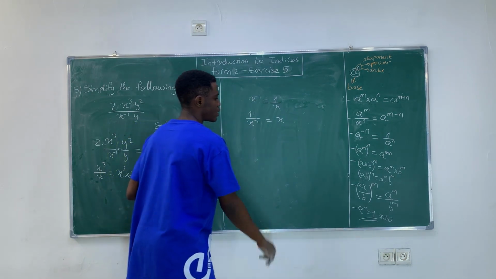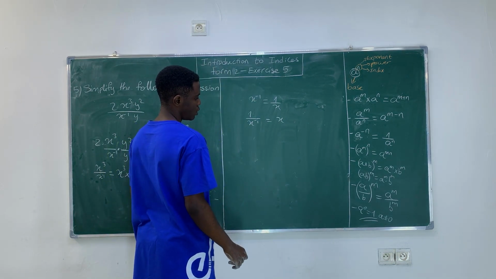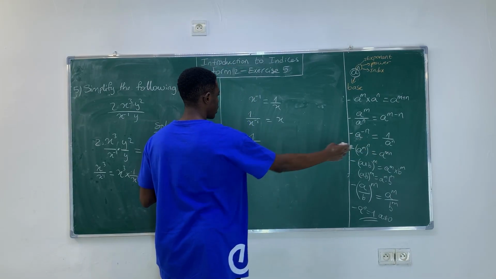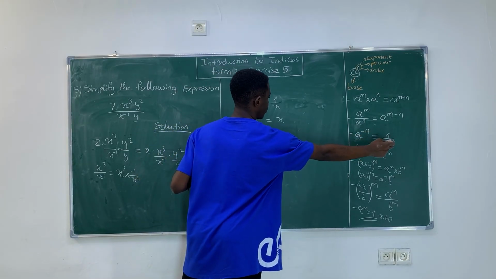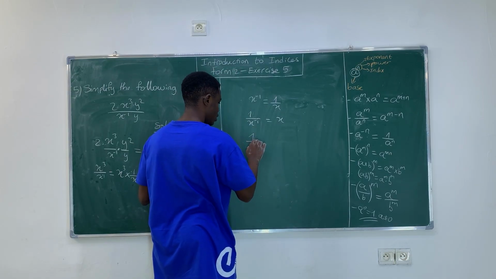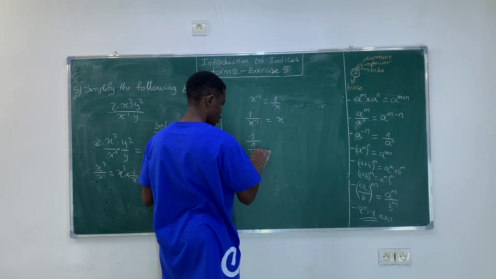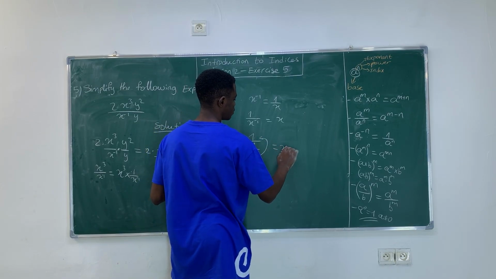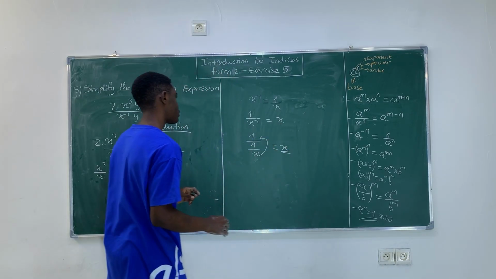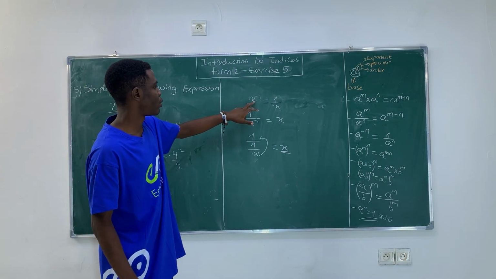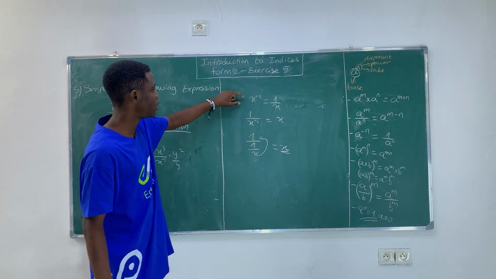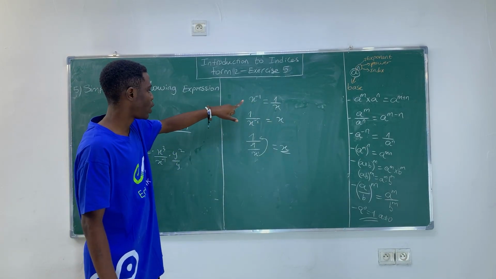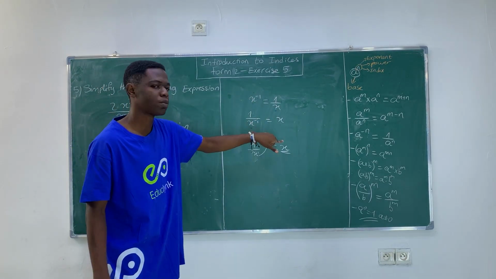Why am I going to add x? As I explained before, if I use this formula here, I'll have 1 over a to the power n, 1 over x to the power negative 1. So this x is going to come up here, x only. When you have a negative power up, it goes down and becomes positive, and when the negative power is down, it goes up and becomes positive.